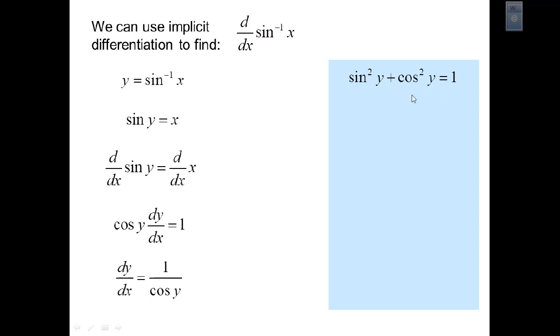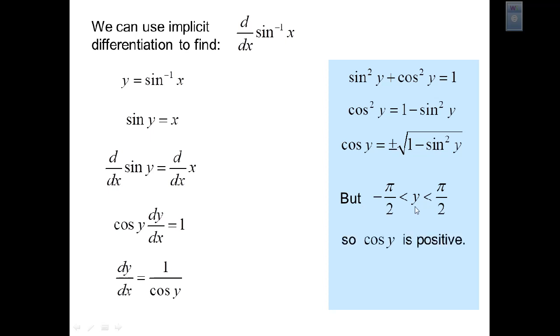So that is an identity that always works as long as we put the same value in both places. All right, so now we're going to solve for cosine squared y. We end up with 1 minus sine squared y is equal to cosine squared y. Then we can take the square root of both sides. So cosine y is going to equal plus or minus the square root of 1 minus sine squared y.